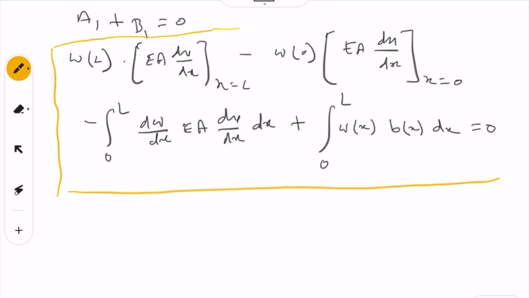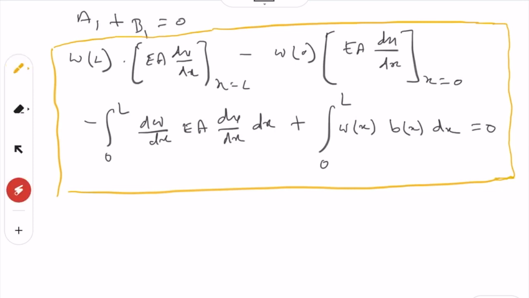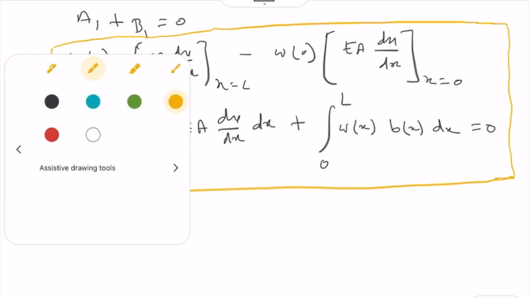It means it is the same original equation, but this can admit more solutions than the original one. Why? Because the requirement is now different. You will not see any double differentiation anymore. Everywhere we have single differentials. Now, this can admit u equal to alpha x plus beta.